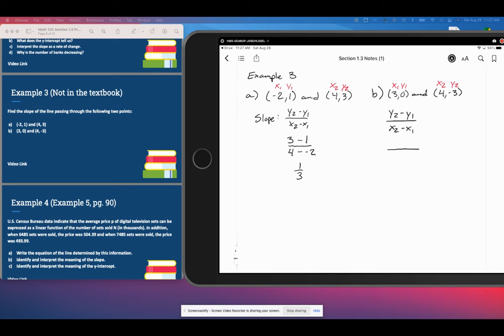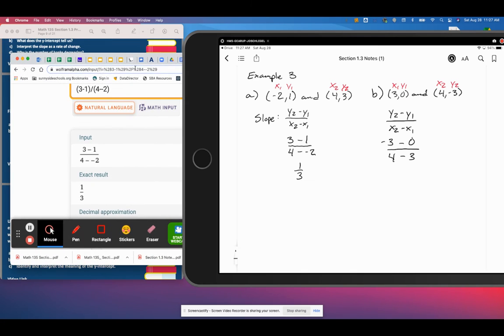And as always, please put these minus signs on before you put numbers in. It will just help you not make silly mistakes. -3 minus 0. It's a terrible looking 0. -3 minus 0. And 4 minus 3. So this time, no weird negative signs to worry about, but it's still a good practice to put those in there.